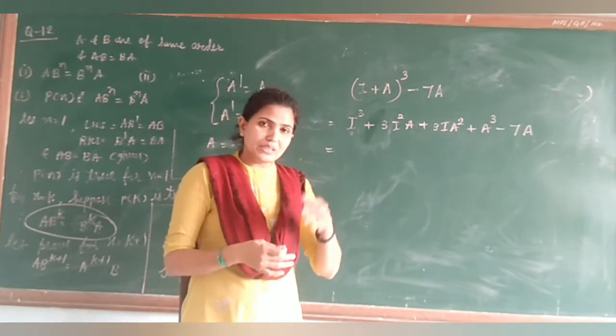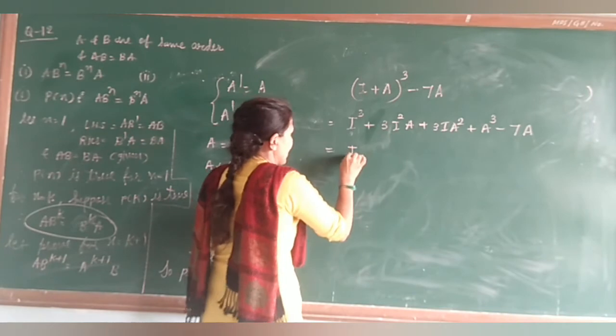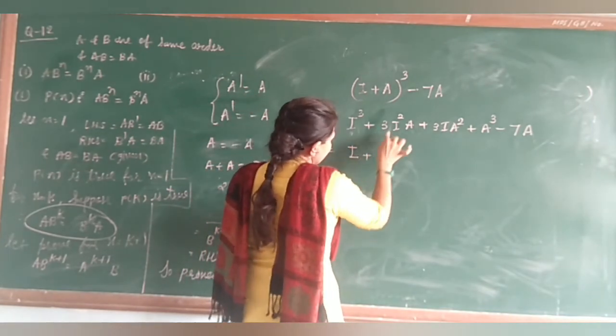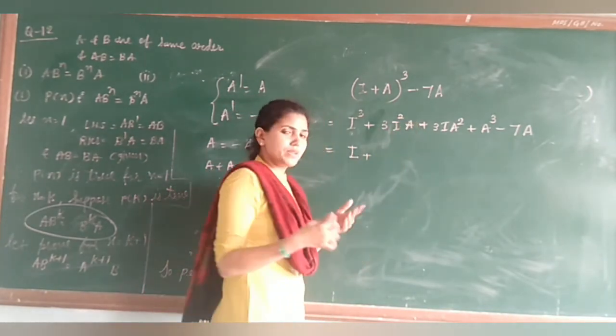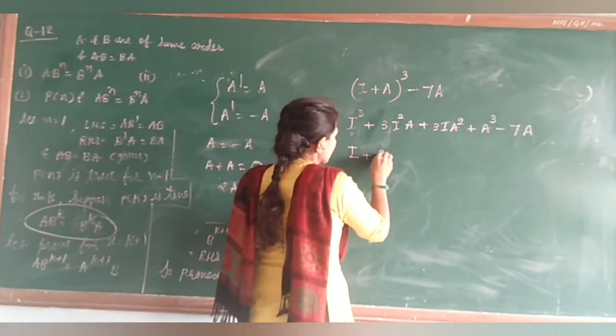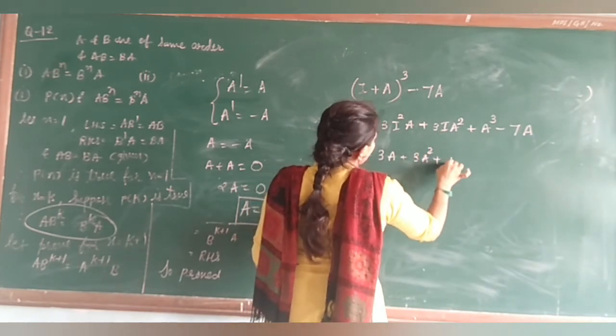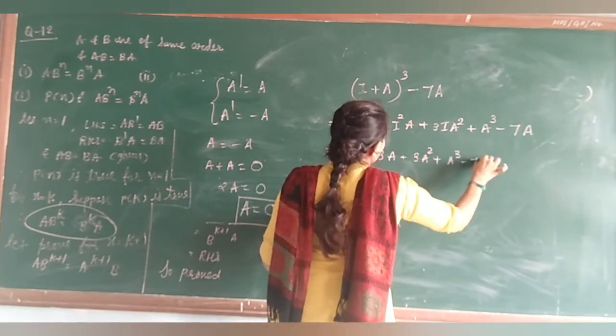Identity matrix multiplied any number of times, the answer will be identity only. So this is I. Now 3 is multiplied with I square, which means I, and I multiplied with any matrix gives the same matrix, so it is 3A. Again it is 3A square plus A cube minus 7A.